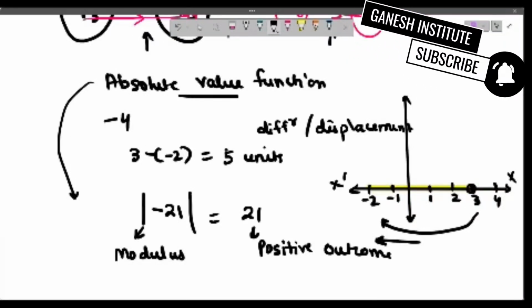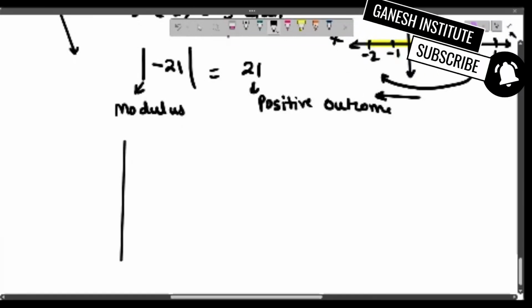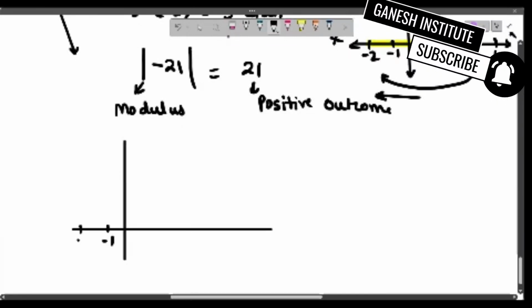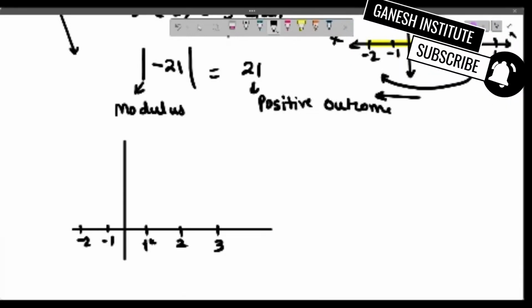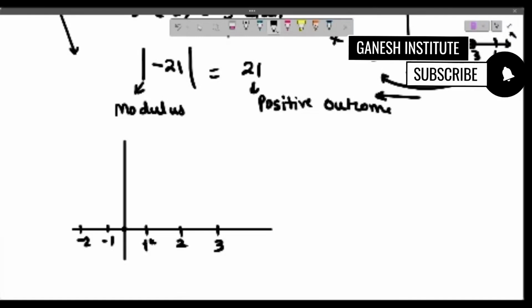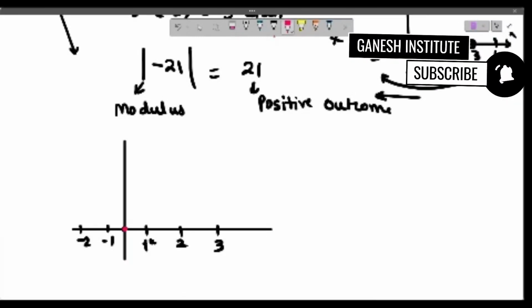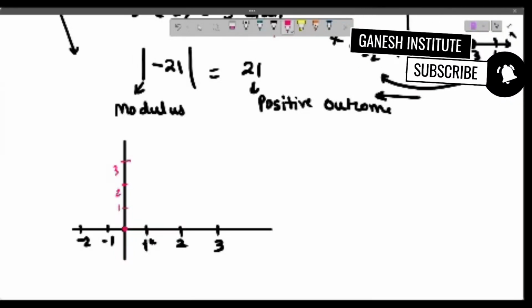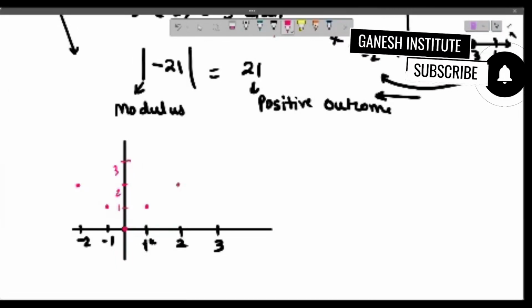Okay? So if I have to draw the graph, I'll say even for negative values, so for 0, I'll get 0. For -1, I'll get +1. For +1, I'll get +1. For -2, I'll get 2. For 2, I'll get 2.